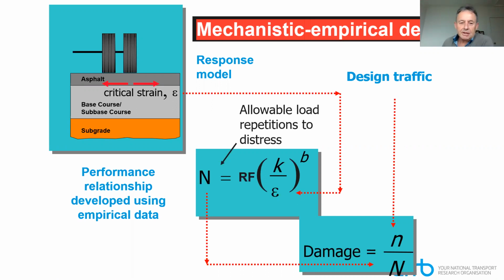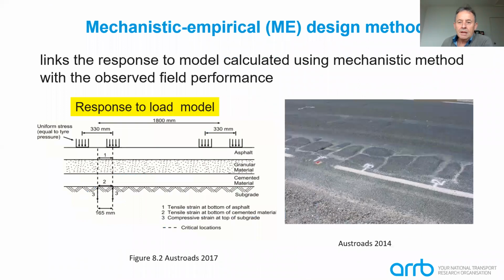So that's the basic concept in this method. And in previous weeks, we've run through the response to load model that we use, this linear elastic model that we use in Austroads, that's related to the field performance through our performance relationships.